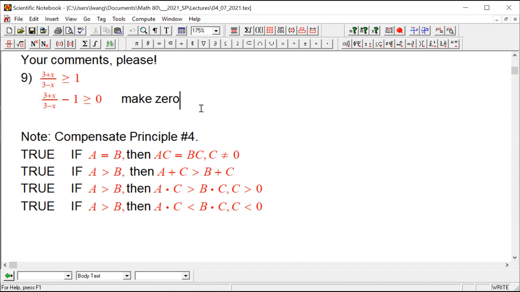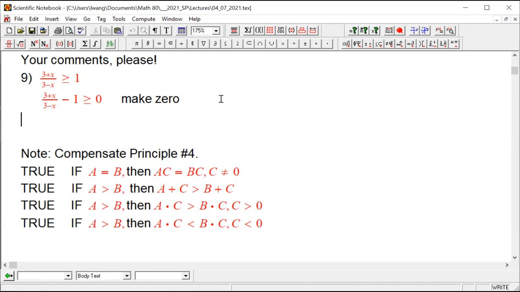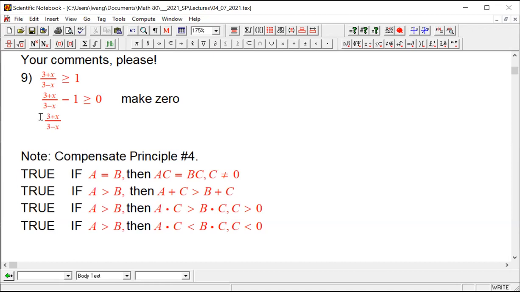So we make 0. And then what do we do? We're going to find a common denominator. There's only one denominator by this time. This will require some algebraic proficiency. 1 is 3 minus x over 3 minus x. So we are making a common denominator.